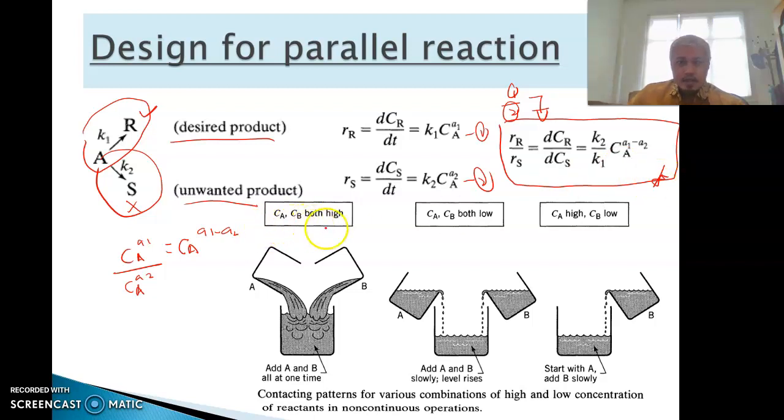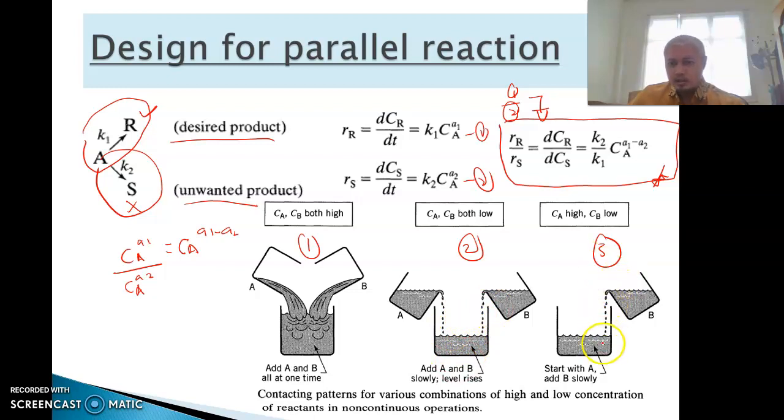Okay, CA, CB both high. This is our first situation, second situation, and third situation. We call this the contacting pattern. We can mix both together rapidly, or we can mix them slowly together. The first and second are both together, but the first one is rapid, the second one is slow.